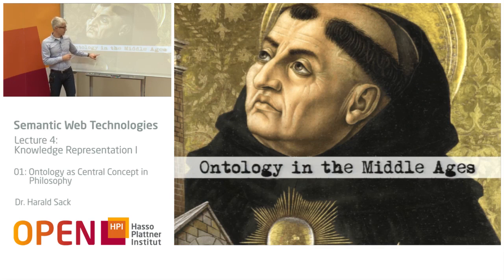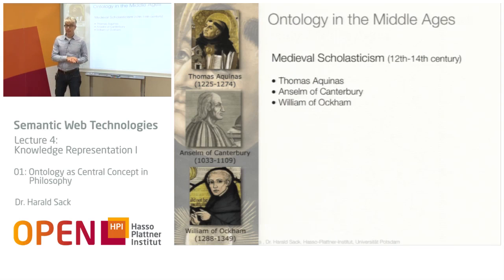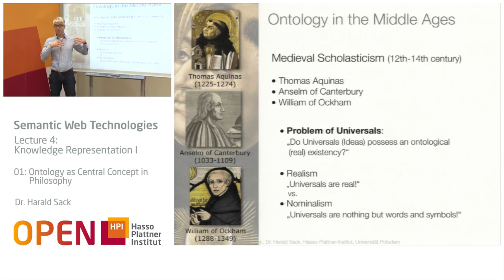Later on, in the Middle Ages, Christianity was an important subject, but also medieval scholasticism was referring to ontology. So they were referring again to the Greeks, to Aristotle, who was canonical in some sense, and to Plato and Socrates.